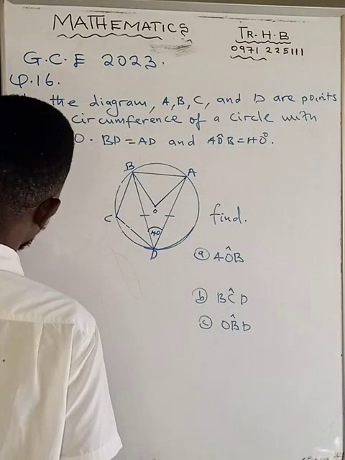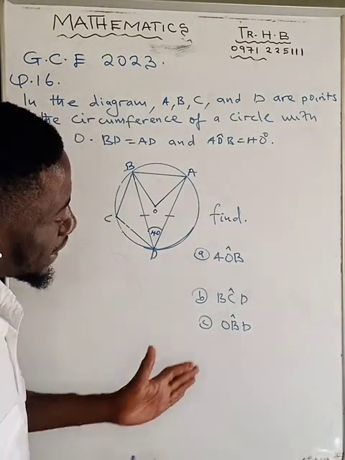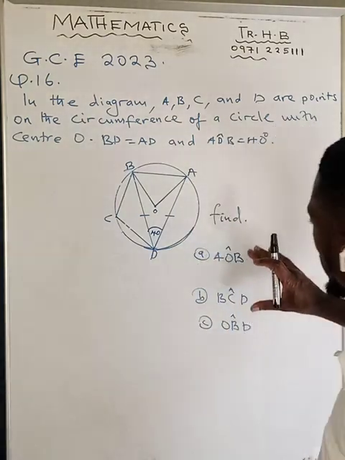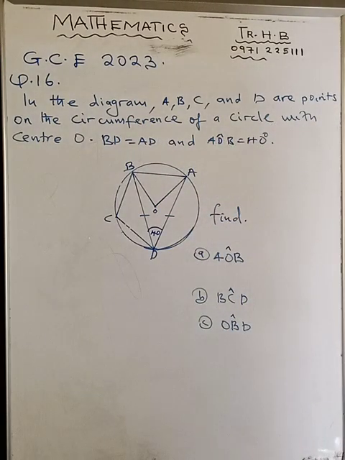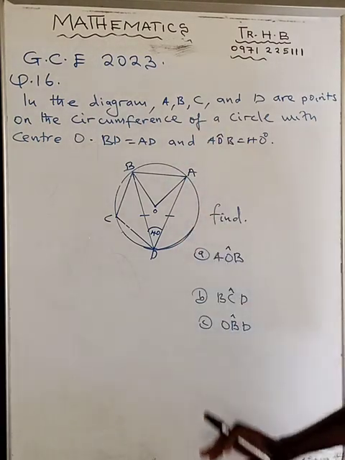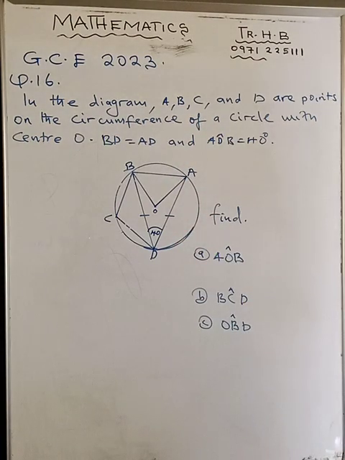So the first thing that you need to do is not rush into providing solutions. You first need to read the information that you have. In the diagram, A, B, C, and D are points on the circumference of the circle with center O, then BD is equal to AD, and angle ADB is equal to 40 degrees.